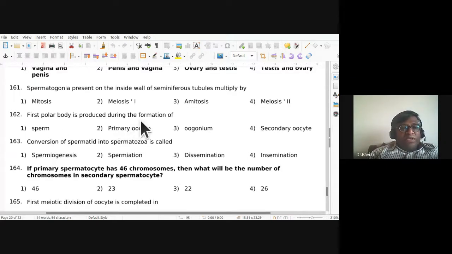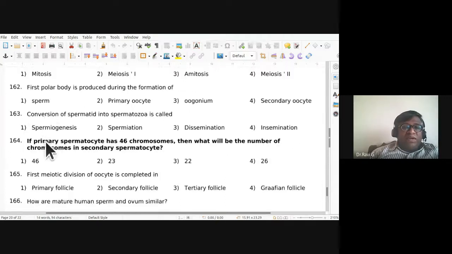First polar body is produced during the formation of sperm, primary oocyte, oogonium, or secondary oocyte? The first polar body is produced during the formation of the secondary oocyte.